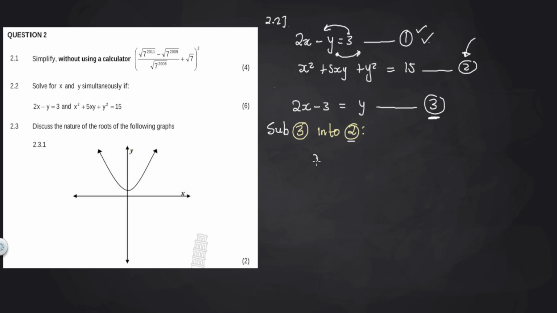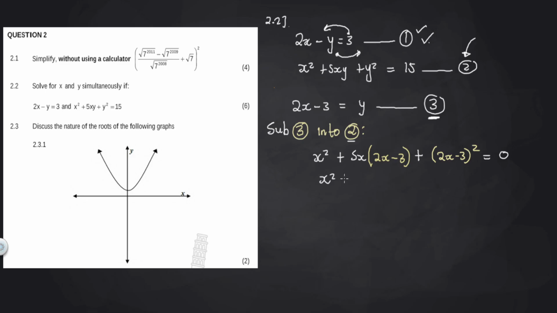So we're going to say x squared plus 5x, where y is substituted with 2x minus 3, plus another y, we substitute again, 2x minus 3 squared equal to 0.